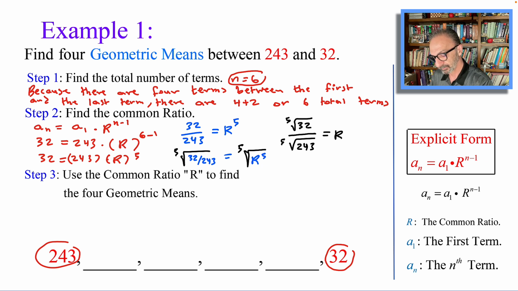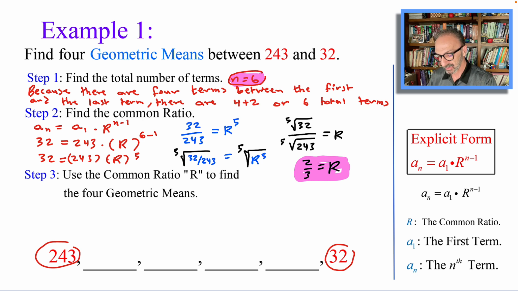So R is 2/3. So now so far we have N equals 6, the number of terms, and R equals 2/3.